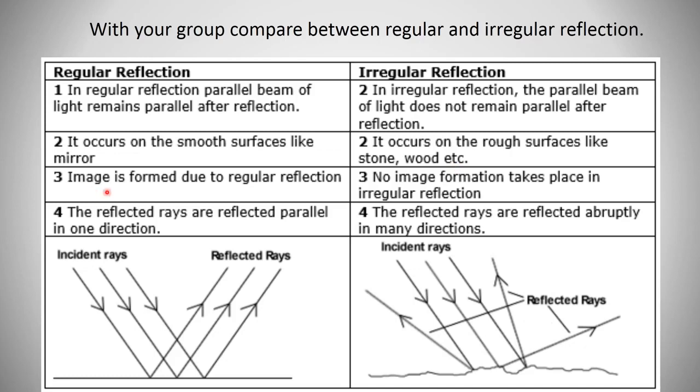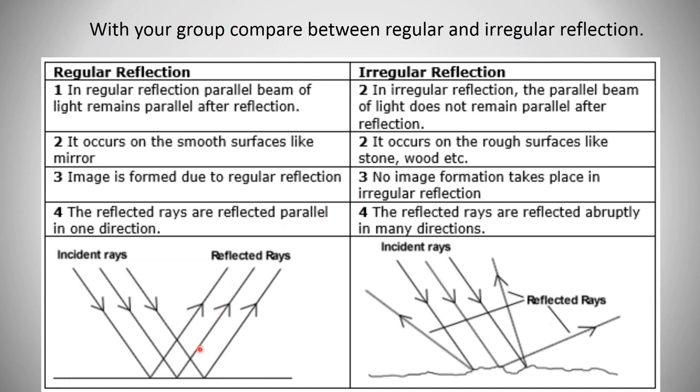In regular reflection, an image is formed due to the regular reflection of light, and it is a clear image and you can see all the details in it. But in irregular reflection, no image formation takes place, or sometimes the image is not so clear. In the regular, the reflected rays are reflected parallel in one direction.